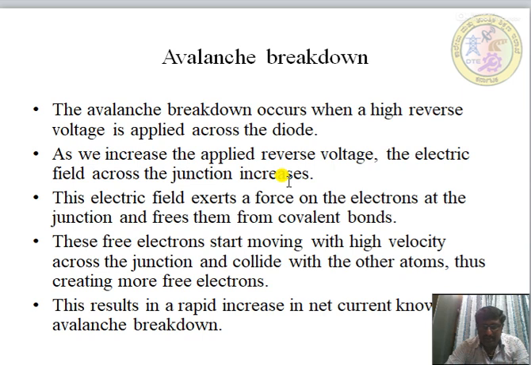These free electrons start moving with high velocity across the junction and collide with other atoms, thus creating more free electrons. So this results in a rapid increase in net current, known as avalanche breakdown.